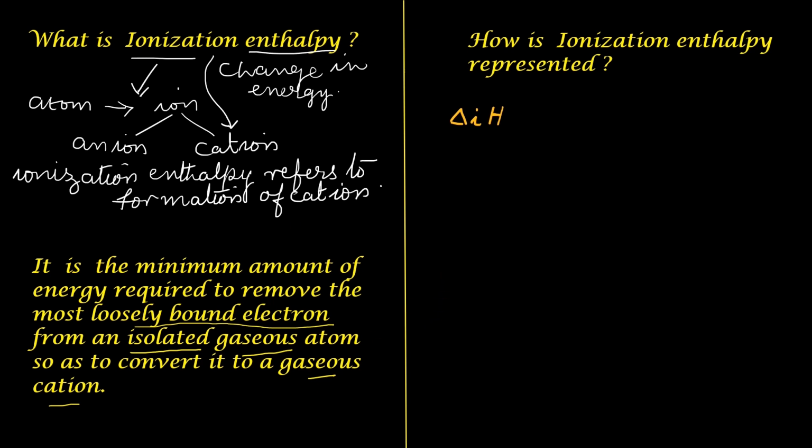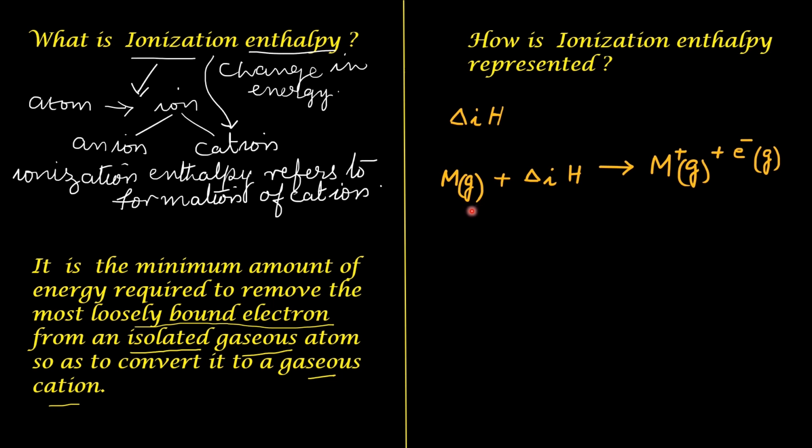Say, for example, M gaseous plus ionization enthalpy gives M gaseous cation plus electron gaseous. M represents the element. It is not a real symbol.